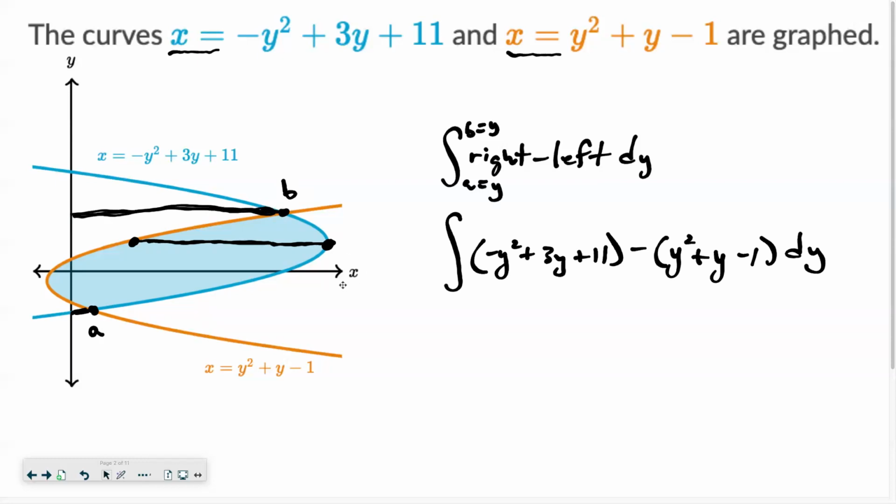So A and B are going to be y values, and this will be their heights. We actually don't care about their x values, just the y values. So if we were to set these two equations equal to each other, we're going to end up finding y values.